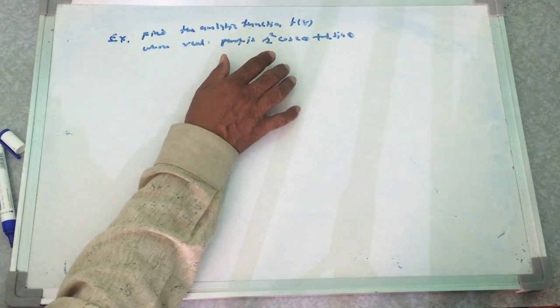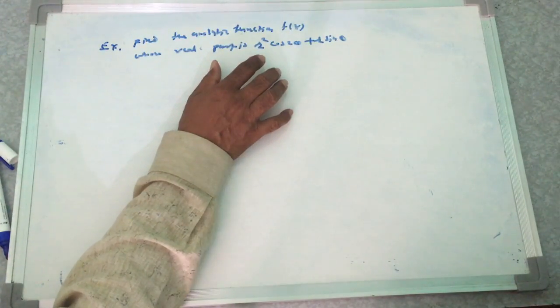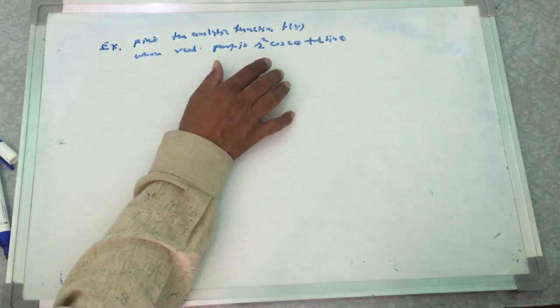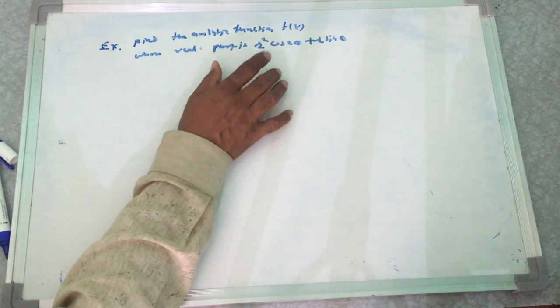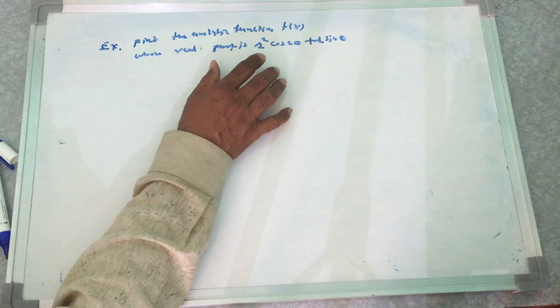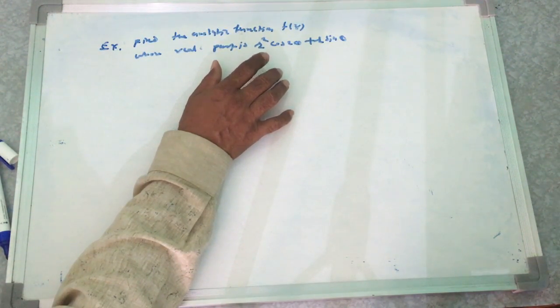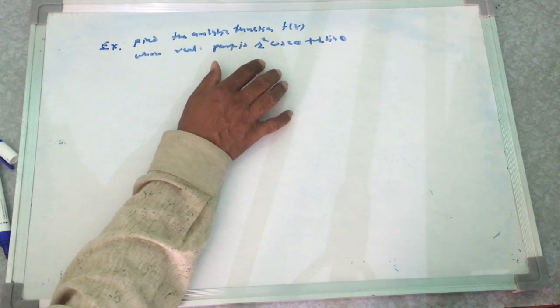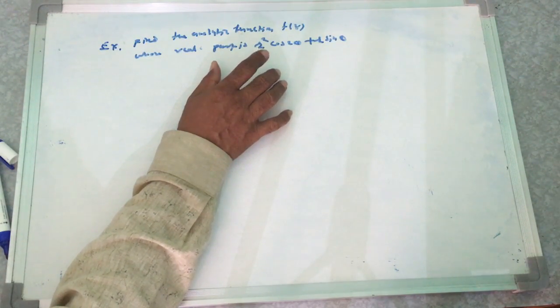We get v_r, that is 2r sin 2 theta minus cos theta, and v_theta is 2r square cos 2 theta plus r sin theta. Then find dv is equal to del v upon del r into dr plus del v upon del theta into d theta.